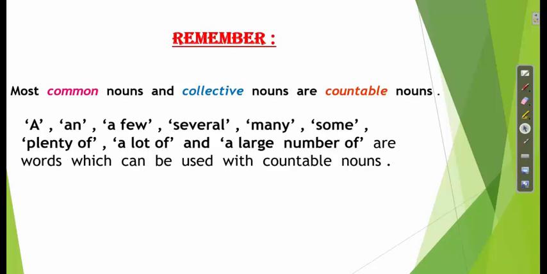A, an, a few, several, many, some, plenty of, a lot of, and a large number of are words which can be used with countable nouns.